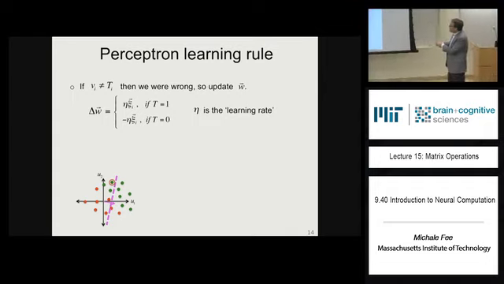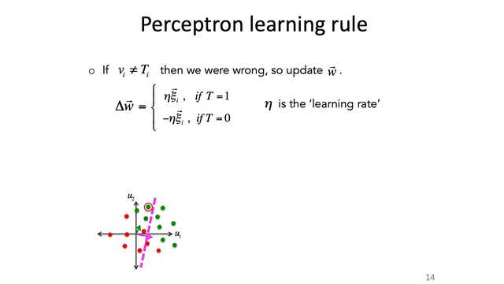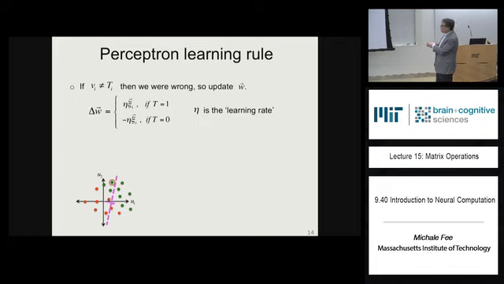Okay, so let's walk through this. We put in an input here. The correct answer is a 1, and we got the answer wrong. The network gave us a 0, but the correct answer is a 1. So we're in this region here. The answer was incorrect, so we're going to update W. The correct answer was a 1, so we change W in the direction of that input.